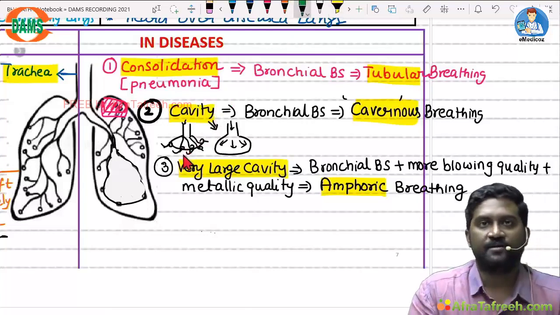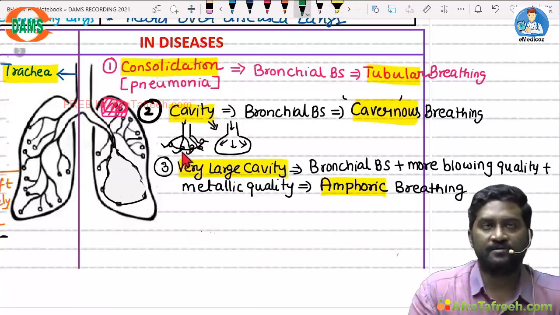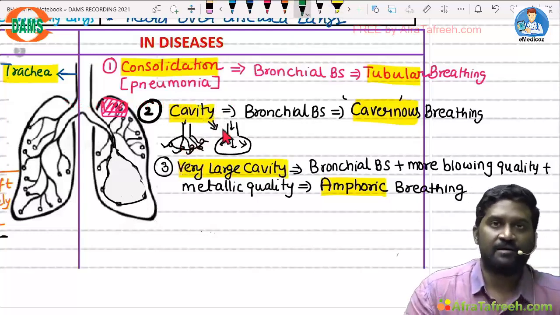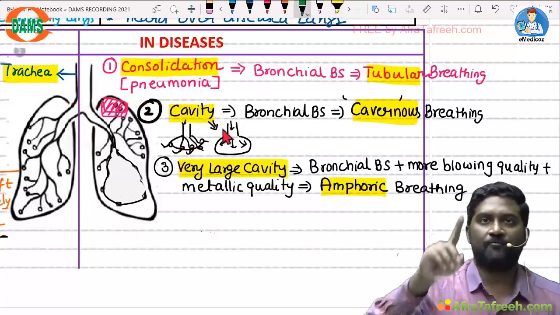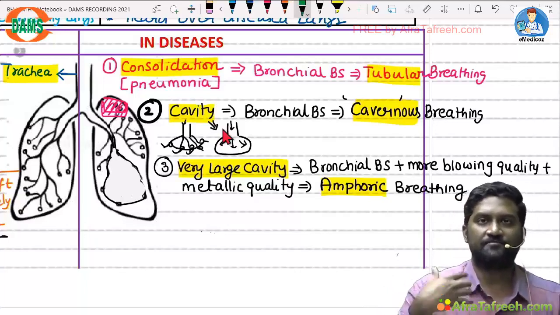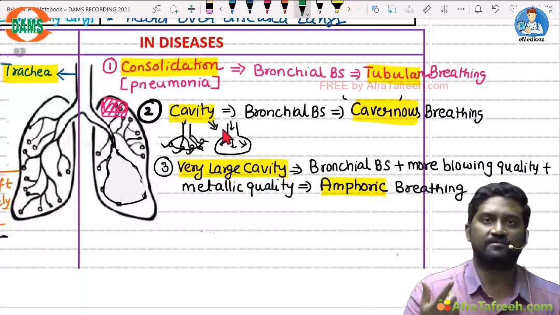Apart from this, whenever there is consolidation or cavity, there can be additional findings. Now if I ask the patient to say 1 1 and I auscultate his chest, this finding is called vocal resonance.